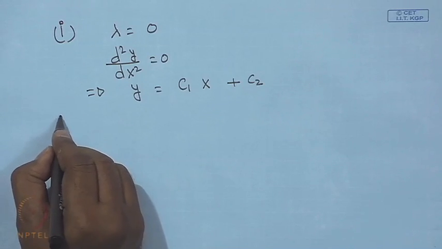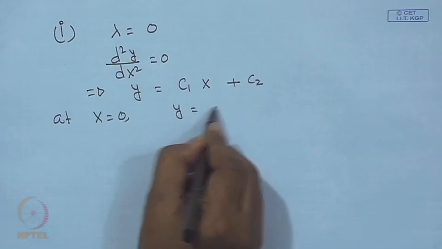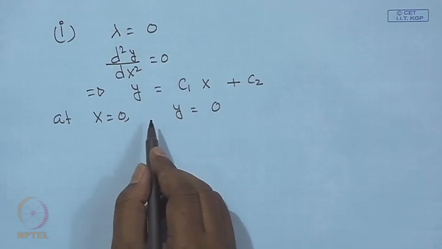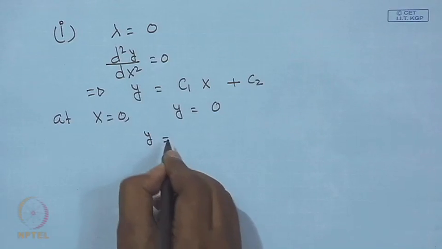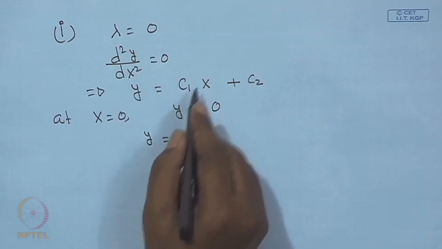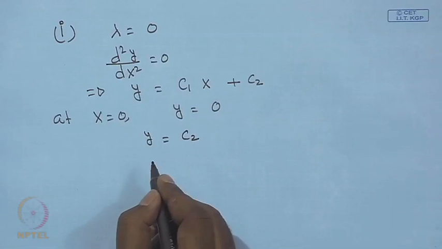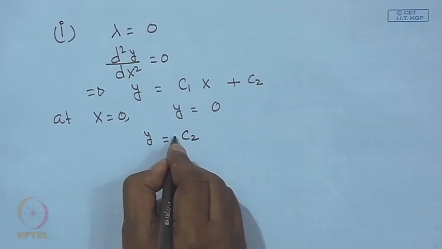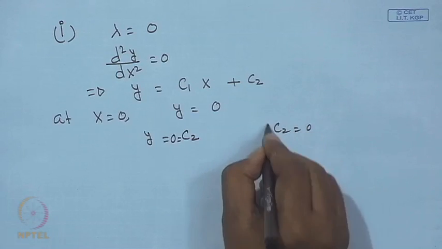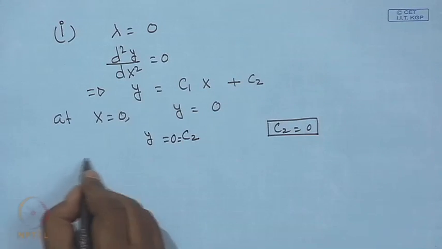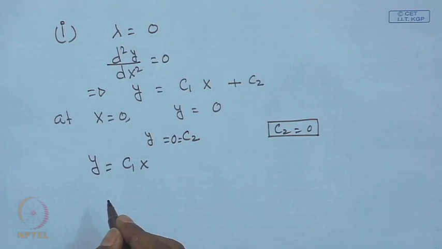The first boundary condition is at x is equal to 0, y is equal to 0. If you put that, you get y is equal to c 1 into 0, so it will be 0 plus c 2. So, y is equal to 0 is equal to c 2. So, c 2 will be equal to 0. So, what is the solution? The solution is y is equal to c 1 x.